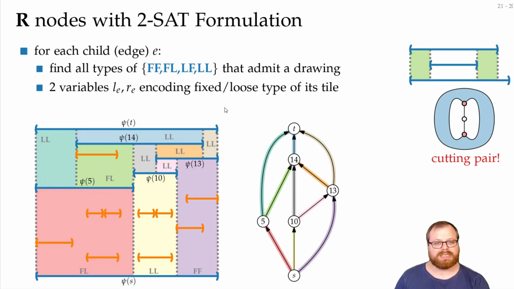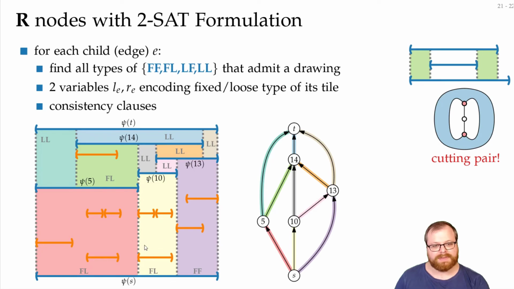But there are some things that we cannot do, and that's where the consistency clauses show up. If we look at the red and the yellow here, we can move this splitting line to the right and make this fixed on the left side. Or we can move it to the left and make this fixed on the right side. But we cannot have at the red one fixed right and at the yellow one fixed left.